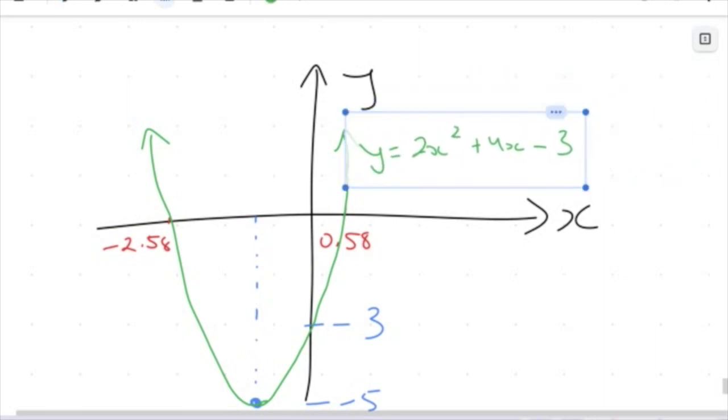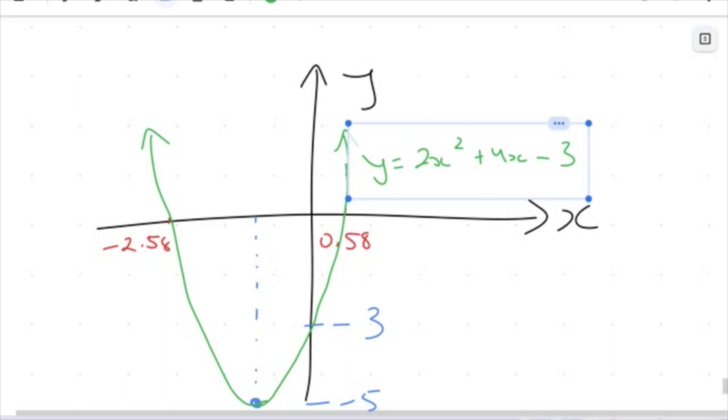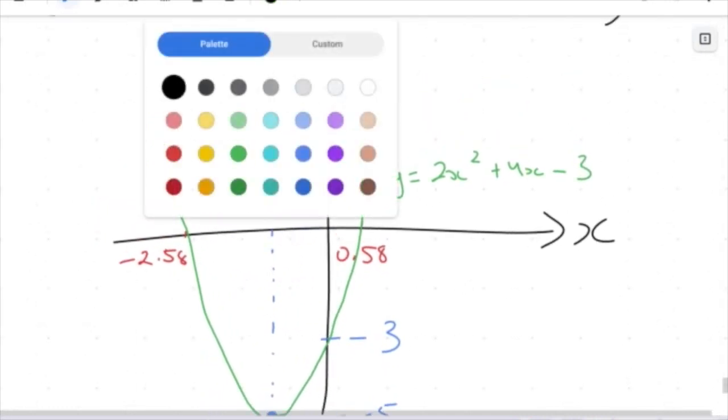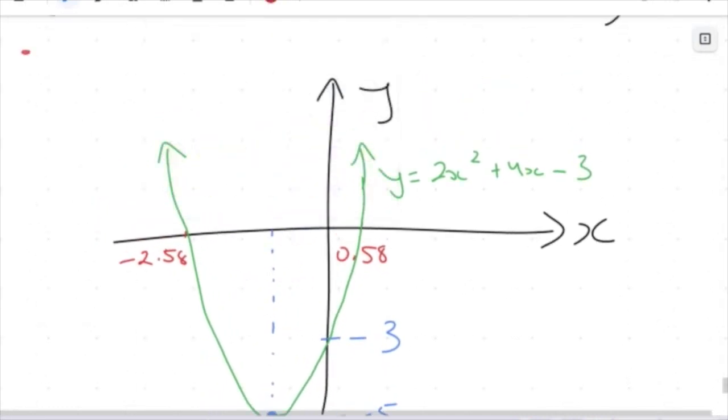But this is a sketch, a rough sketch. Remember, it doesn't need to be perfect. It's just a sketch of my parabola y equals 2x squared plus 4x minus 3. And we found this using 3 key ideas. We found this using our quadratic formula and discriminant.